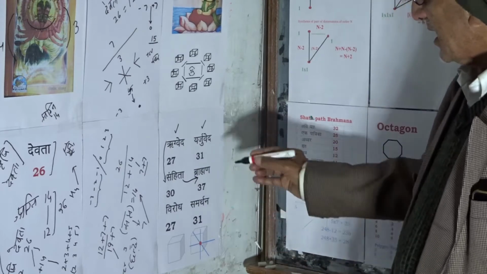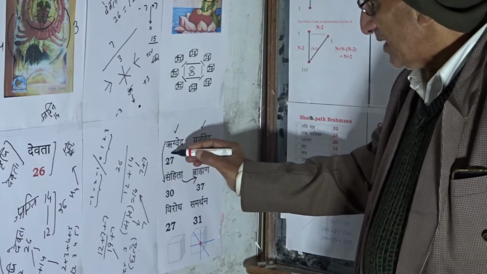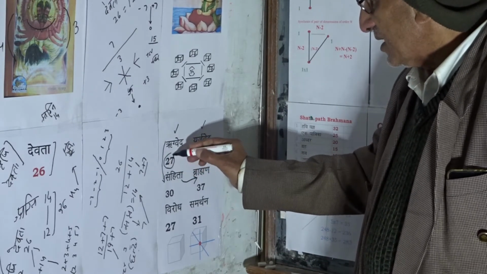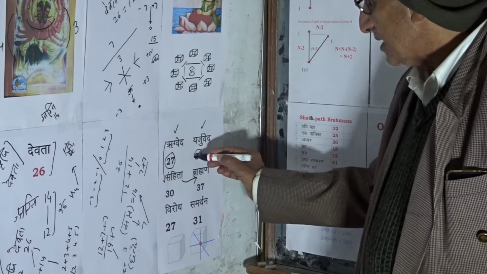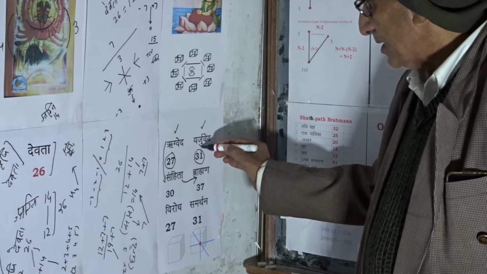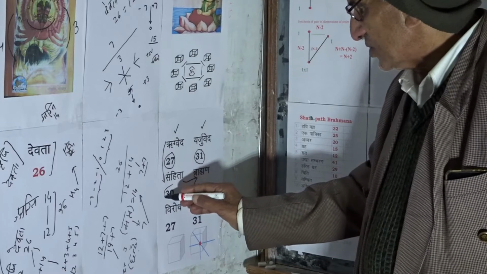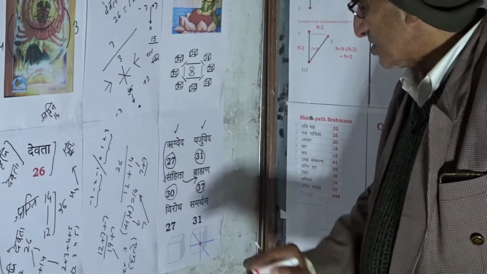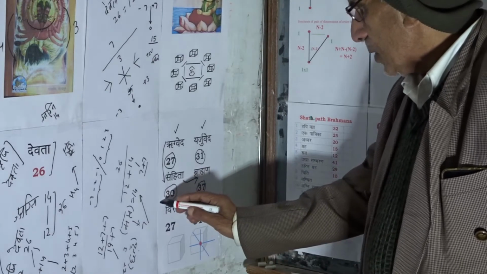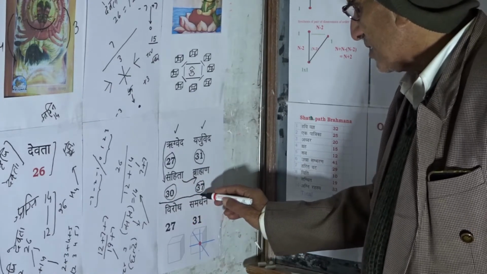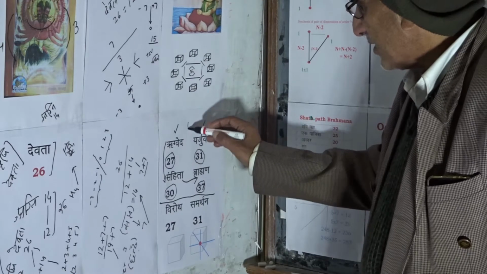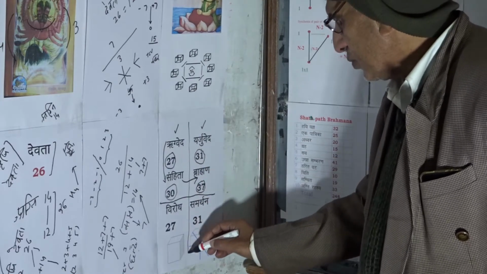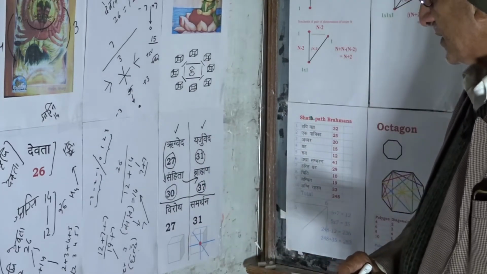See, the Rigved is having TC value 27, while Yajurved is having value 31, and Samhita is having value 30, while Brahmana is having value 37. See, now we want to reach, we don't want to stop at a Rigved, we want to proceed ahead.